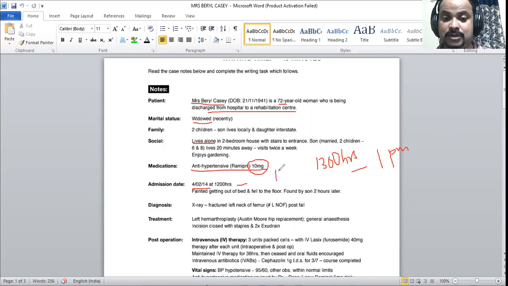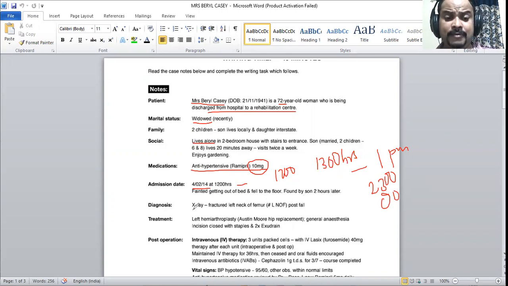Actually 12 hours is noon. So 12 hours, 13 hours. When we go ahead with 23 hours, it is 11 p.m. and 00 is midnight. That's it. I'm mistaken. Sorry.